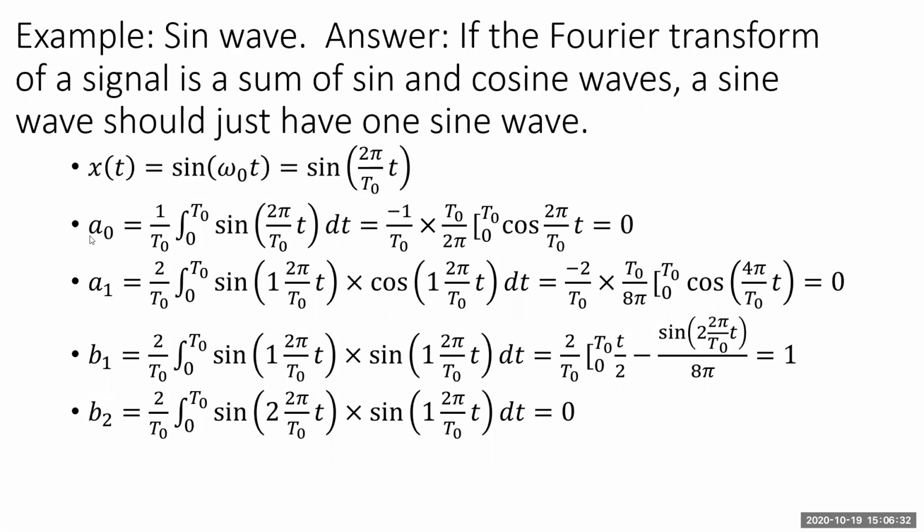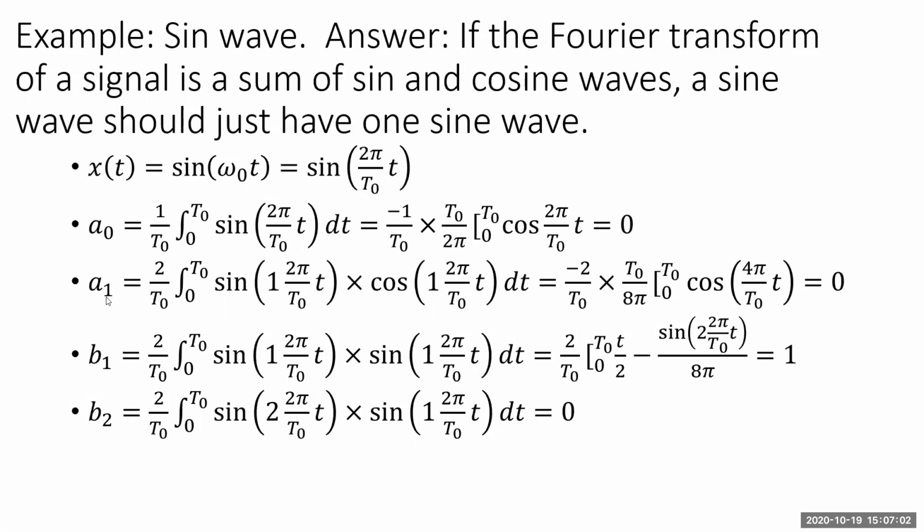And then we find the DC offset A naught. That's 1 over T naught times the integral over the period, and it turns out that it's 0, right? Because if you take the average of a sine wave or a cosine wave over the period, it's going to be 0.